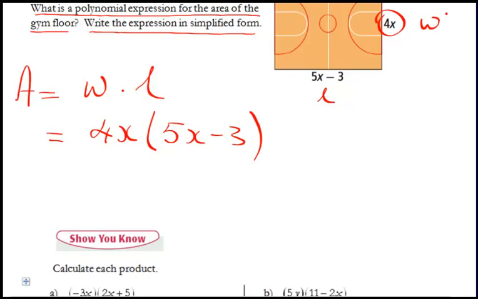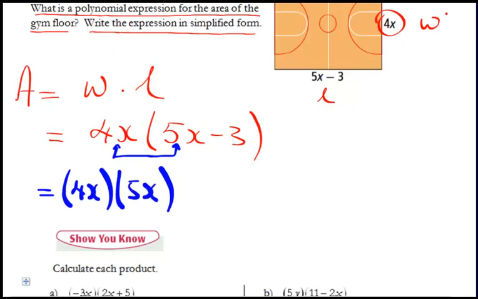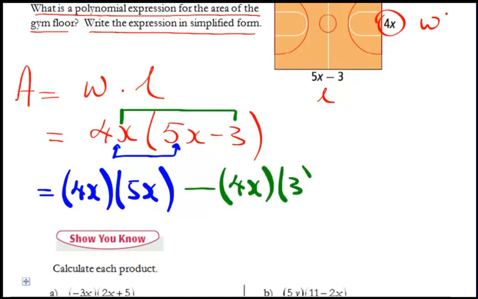First up, we're going to use an algebraic method here. Now look what we've got. We've got the product of the 4x and our first term in the binomial. So we can write it like this, can't we? We've got the 4x times the 5x. Then we've got the 4x times the 3. It's connected by a subtraction, so we've got minus 4x times 3.